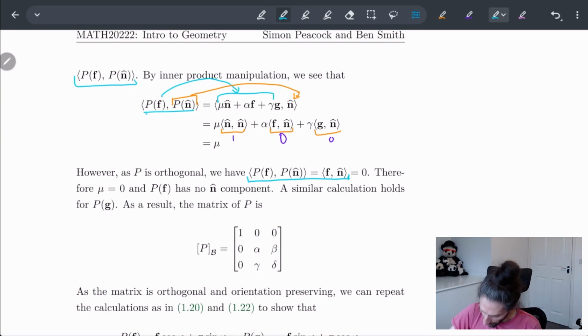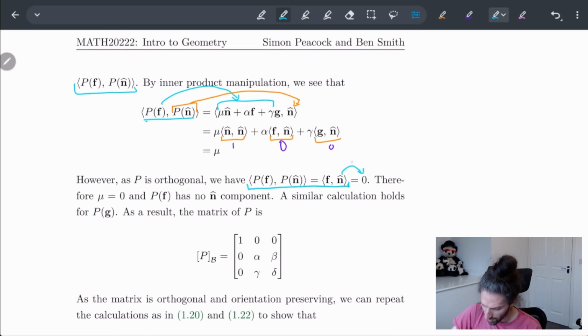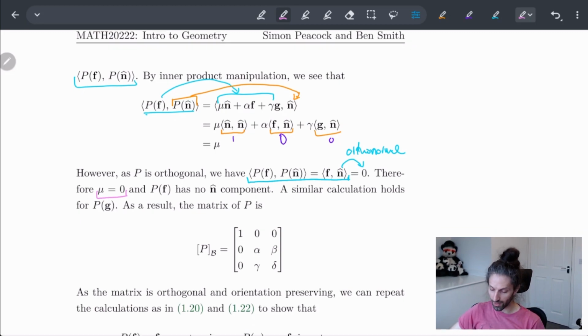And this latter half, by orthonormal basis, we know this is equal to 0. This implies that mu is equal to 0. And in other words, P of f has no n component. Easy. Well, relatively. It was a little bit of work. P of g we do in the same way, and we're left with the following matrix.